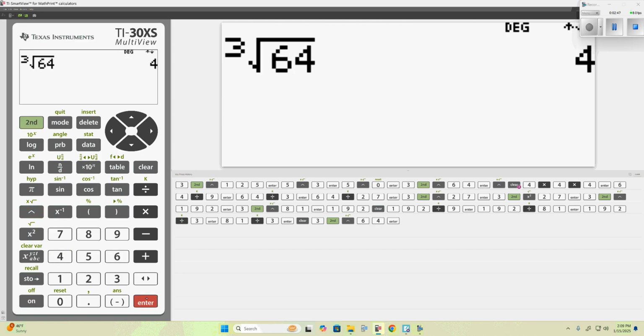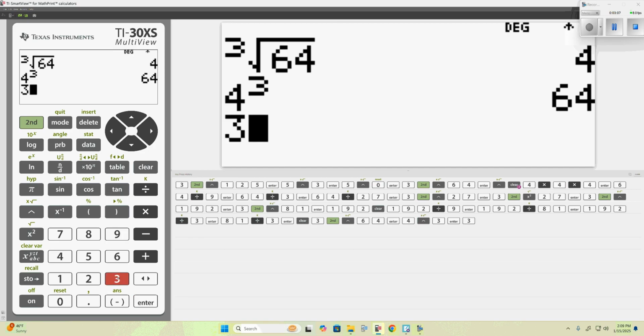To get the cube root on the calculator, we do 3, second, and it is the button above our square root. When you do that, the 3 should get a little bit smaller and go up. A way that we can check it is to take 4 to the third power and see if we get back to 64.